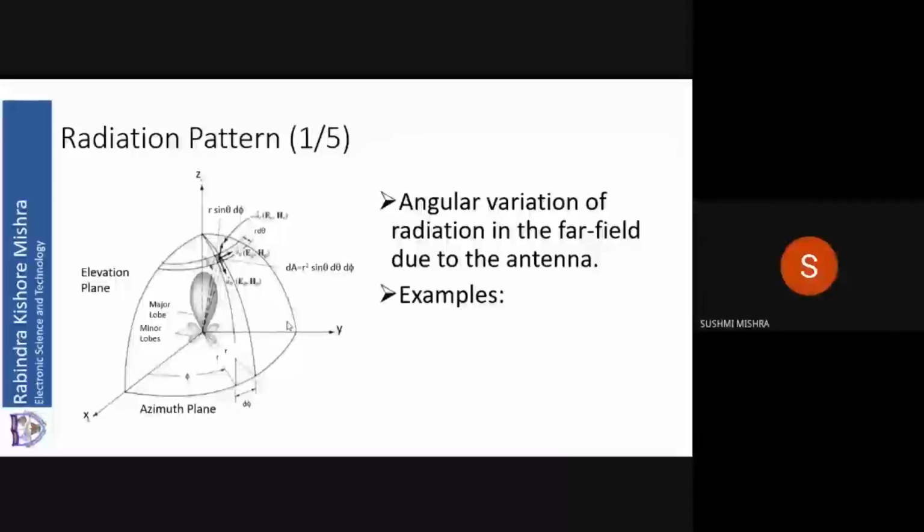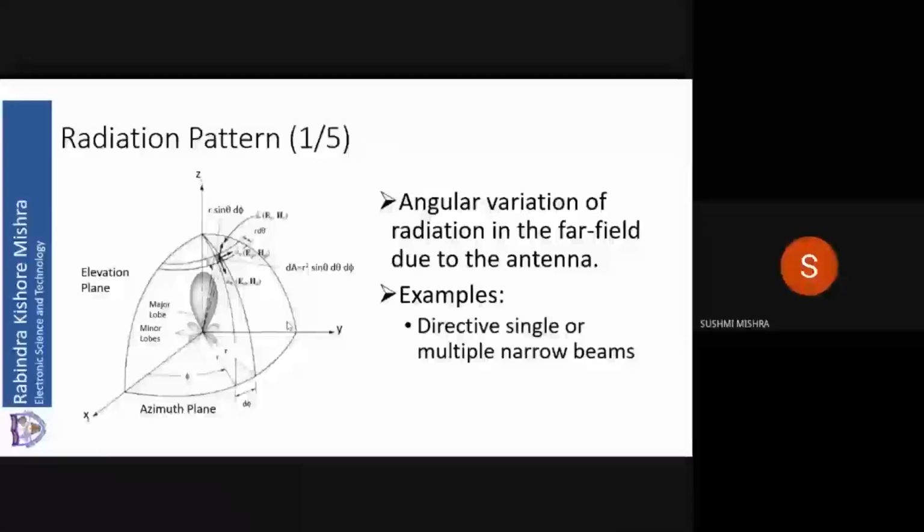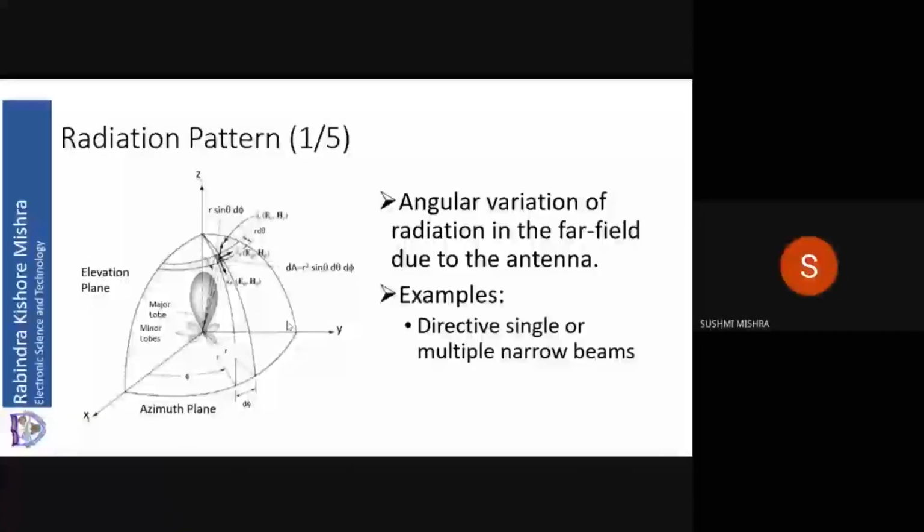In the horizontal plane or XY plane, which we call the azimuth plane, phi varies from x towards y. Suppose I am looking at the field at a distance r from the center, and I drop a perpendicular onto the azimuth plane or XY plane.